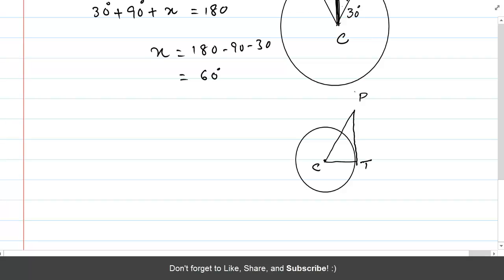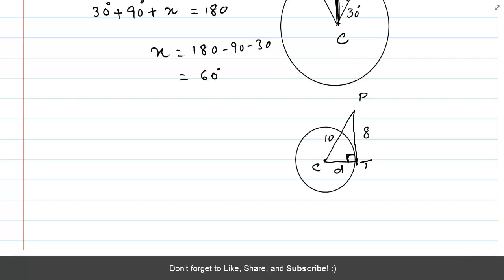P. In this case, the distance between P and T is given as 8. The distance between C and P is given as 10, but we don't know what the radius is, what D is, that we don't know. If we didn't have this property, we would never know that this angle is 90 degrees, and if we couldn't know about this angle, we couldn't apply the Pythagoras theorem.